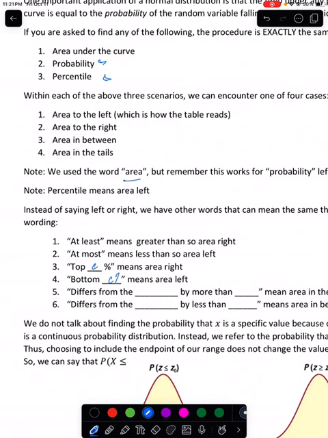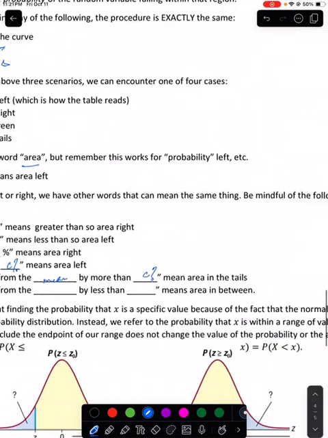Now sometimes the statement says find the probability that the value differs from the mean by more than C%, some percentage. So it means the area in the tails.